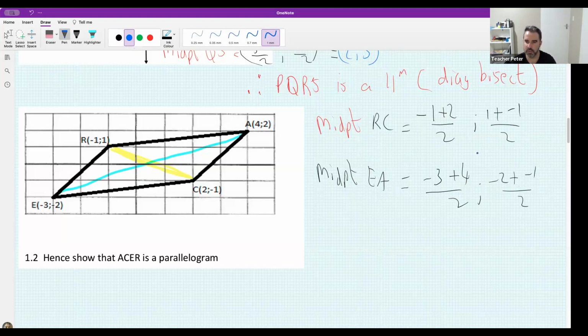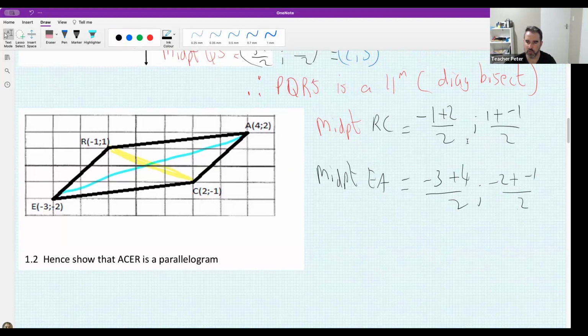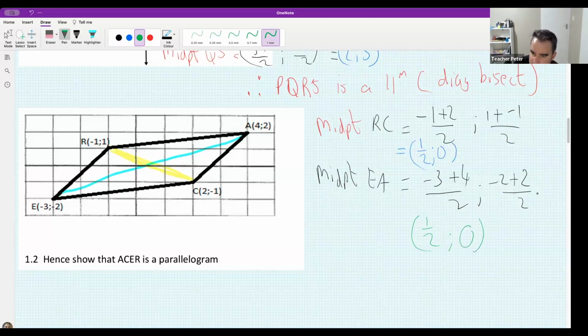That's going to be a half. That's going to be 0. And this one over here is going to be a half. Ooh, hold on, did I make a mistake? -2 plus 2. Yep, I made a mistake. So this should be -2 plus 2 over 2. And the good news about that is that then gives me what I was hoping for.